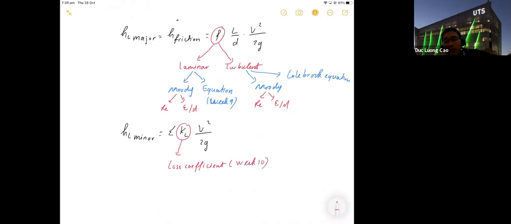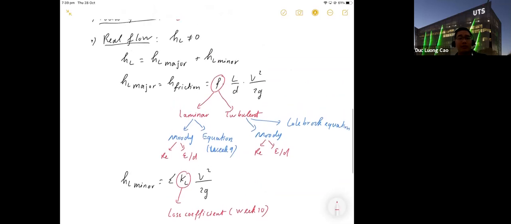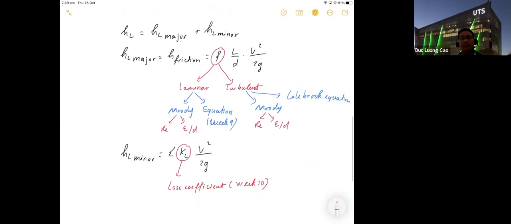In week 10, we have so many tables, so many figures to find loss coefficient. You have loss coefficients for the valve, the elbow, the branch, inlet, exit, so many kinds of minor loss. Depends on the question, whatever kind of minor loss, you can use the week 10 slides to find it. So it's for real flow, HL not 0.